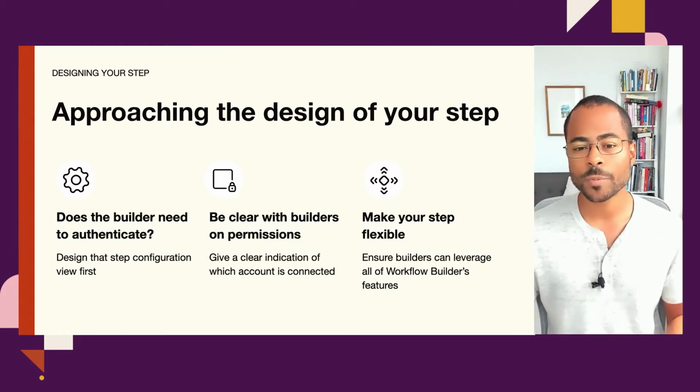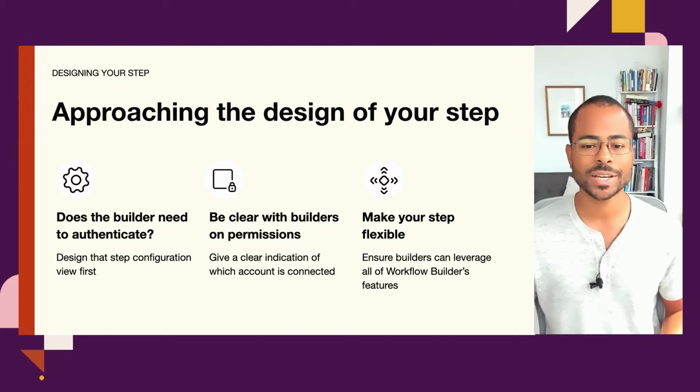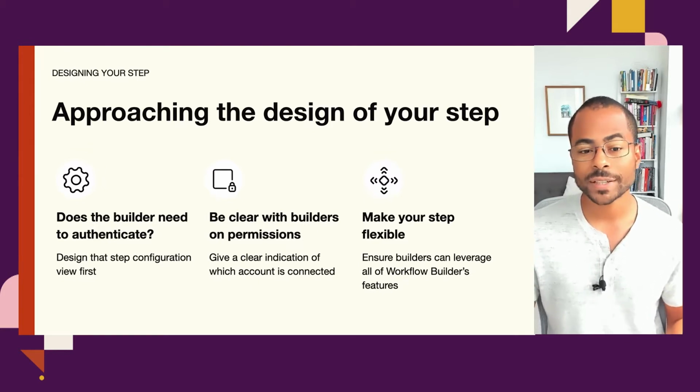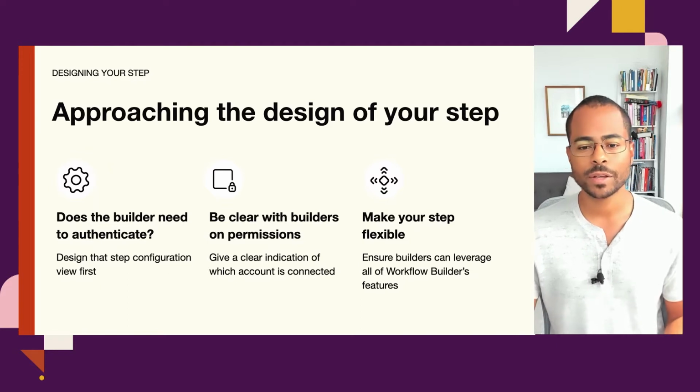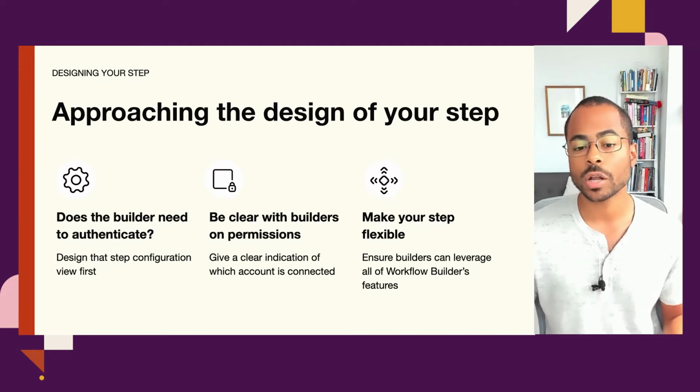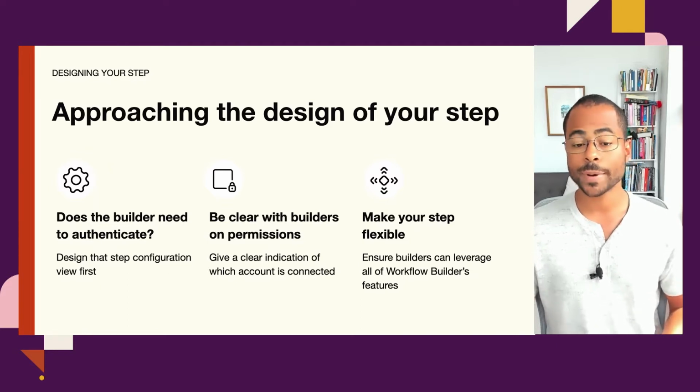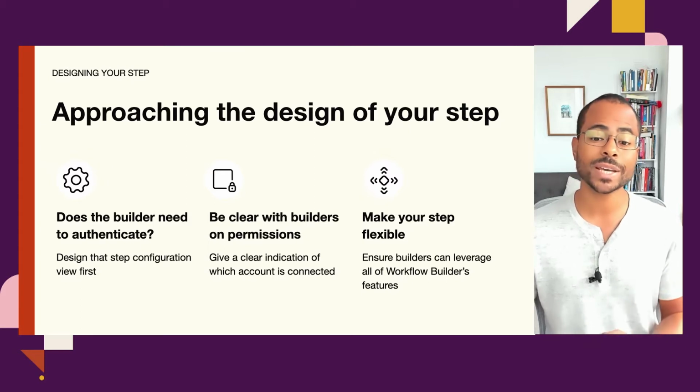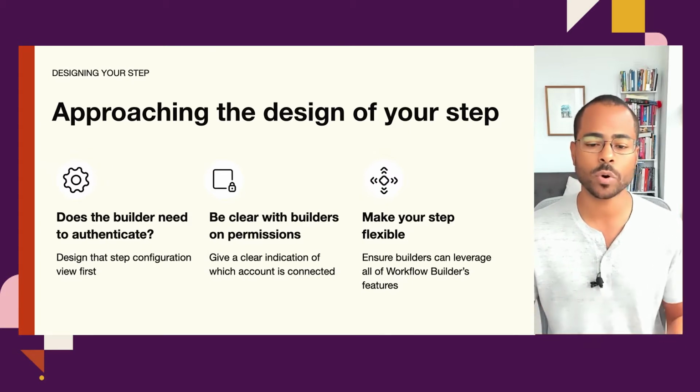When a step is performing an action on behalf of a linked account, make sure it's clear which account is connected, and give workflow builders a way to remove the authentication and choose another account to use instead. Finally, optimize for flexibility. Users should be able to leverage all of Workflow Builder's features, combining other steps from apps and built-in steps from Slack in their workflows.